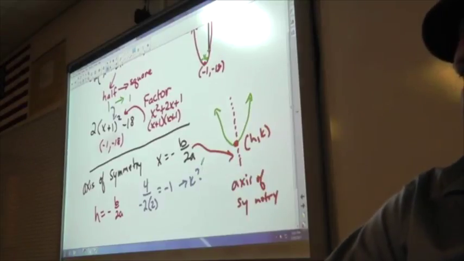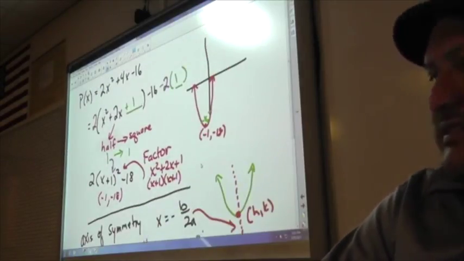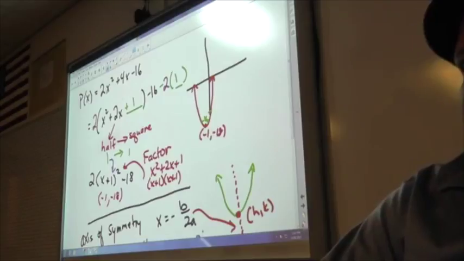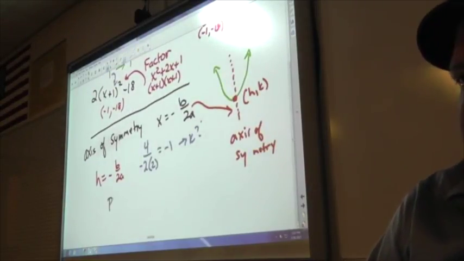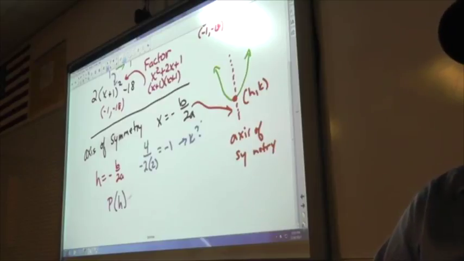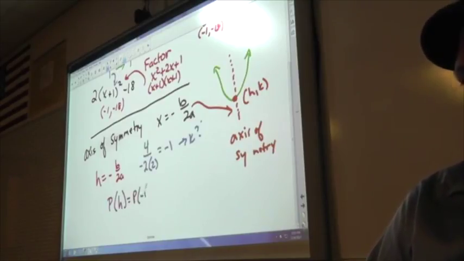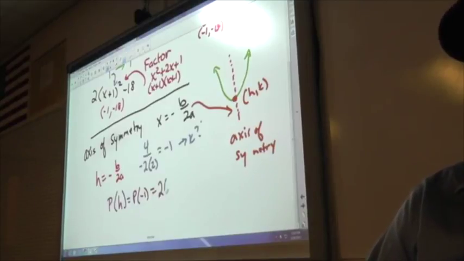You got to plug it into the formula. Now sometimes this is easier, sometimes it's not. Negative 2x squared plus 4x, blah, blah, blah. Let me remember that. So now I got to do p of h, which is p of negative 1, is, I already forgot it, 2 times negative 1 squared.